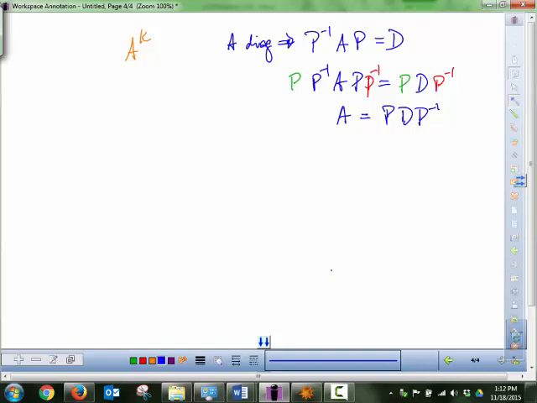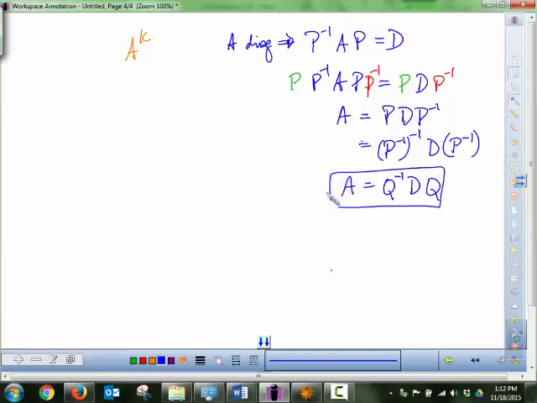To make this really formal, the inverse has to come first, so I can write it as P inverse inverse, D, P inverse, and it might help if I put parentheses around here. The P inverse in parentheses is another matrix that's invertible. I could pretend that that's equal to Q or something. So now I have that symmetry saying if one matrix is similar to another, then that other matrix is similar to the original matrix.